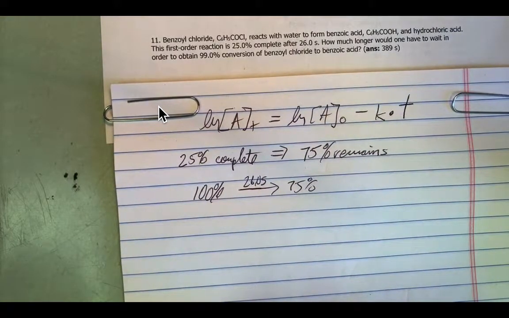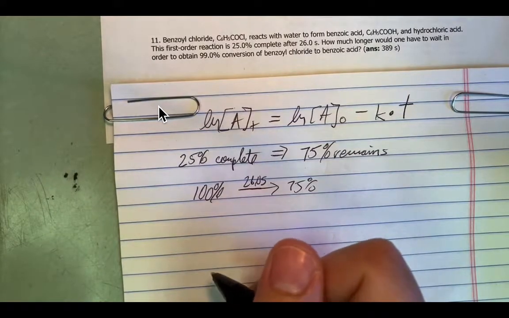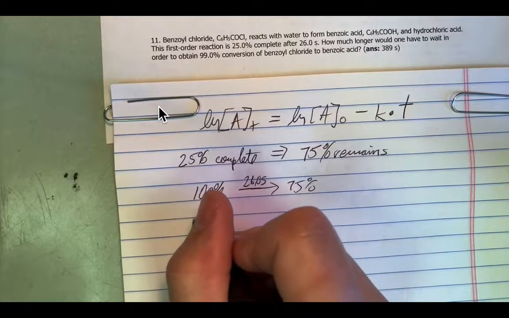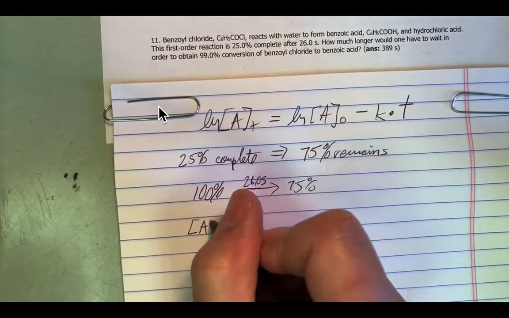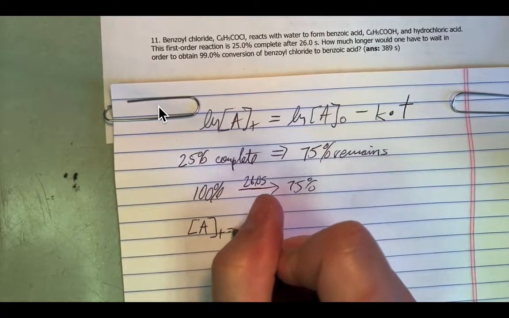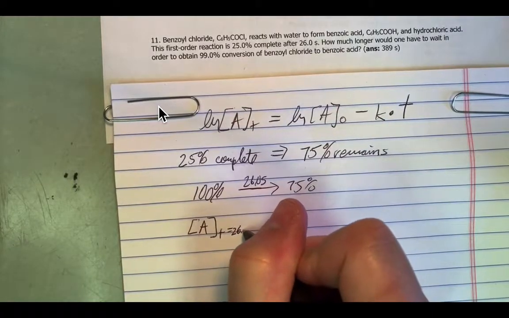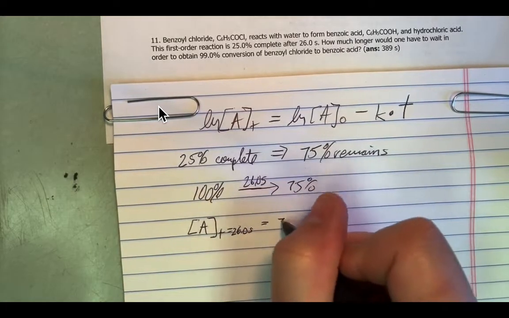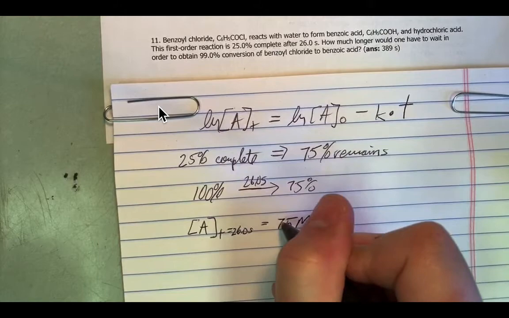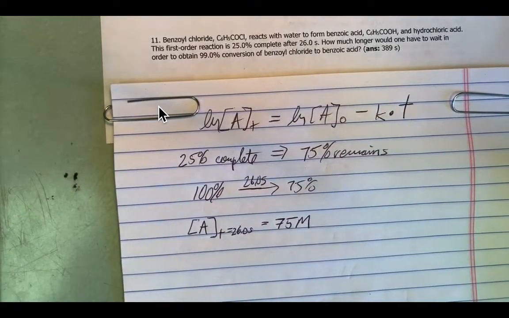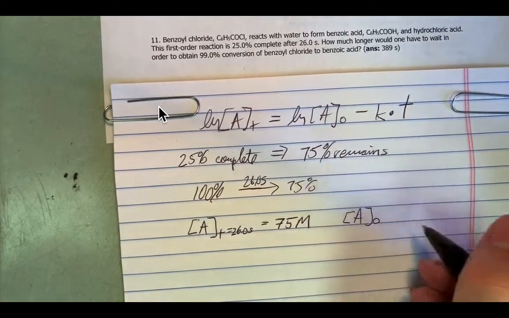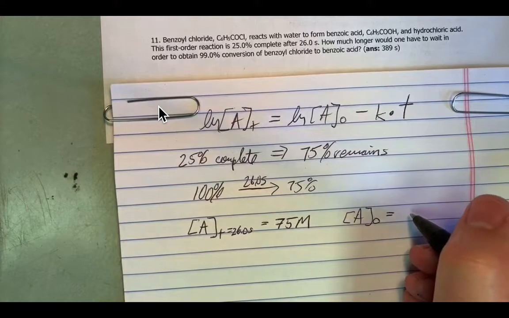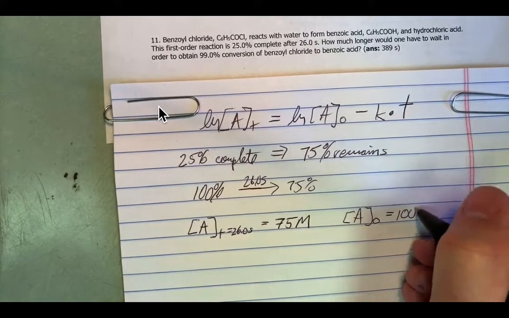Check out the trick that we're going to pull right here. So we're going to say A at time t equals 26 seconds is 75 molar, starting from a concentration at time 0, which was 100 molar.